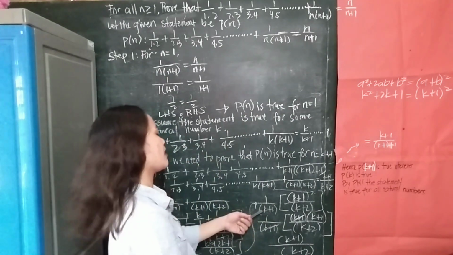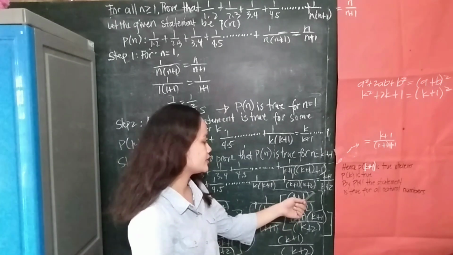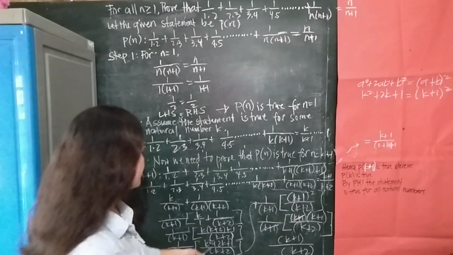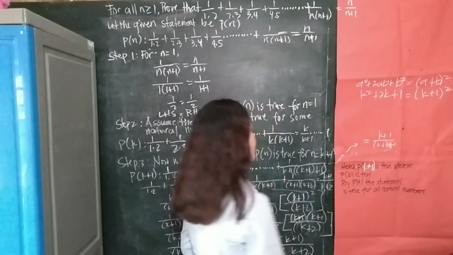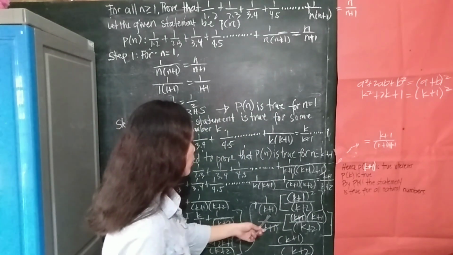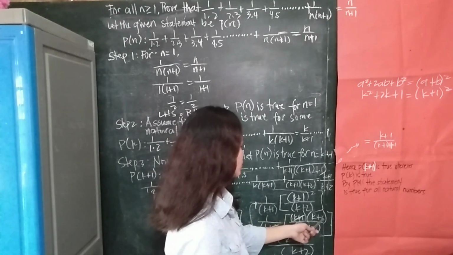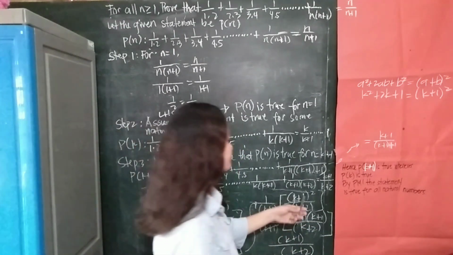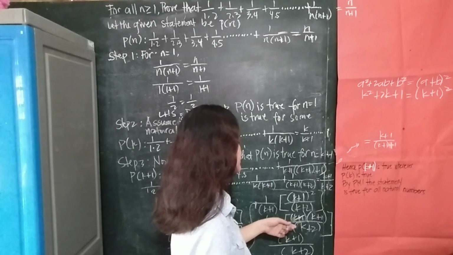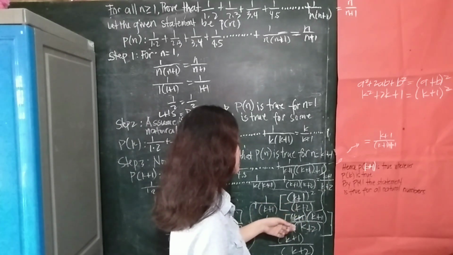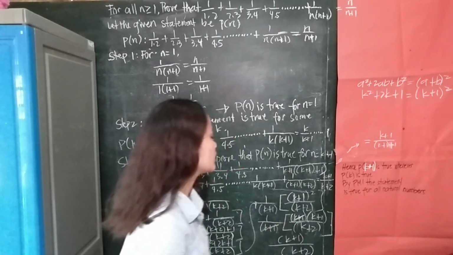So next, we have 1 over k plus 1 times k plus 1 quantity squared over k plus 2. We simplify this term into this by using this formula. And then 1 over k plus 1 times k plus 1 times k plus 1 over k plus 2.